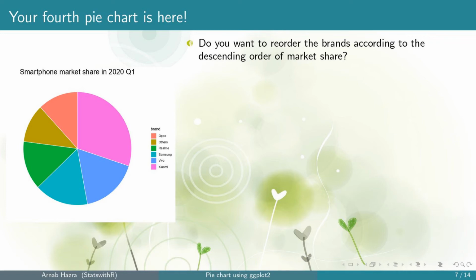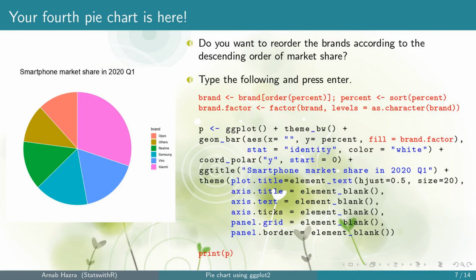So we need to arrange the chart in the ascending order of the vector %. To do that, in the first line we reorder the vector brand in the ascending order of % and sort the vector %. Further, in the second line we create a vector brand.factor where we convert the vector brand as a factor with each brand name as a factor label.